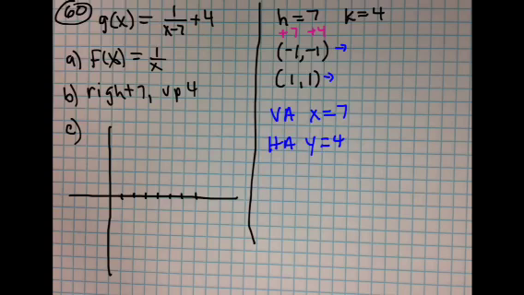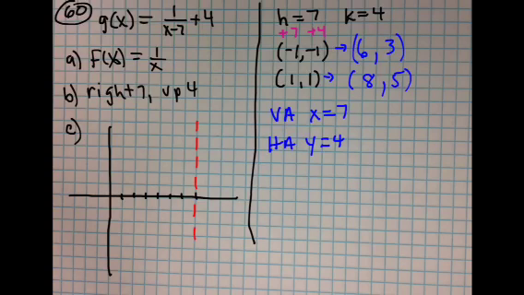So 7 minus 1 is 6. 4 minus 1 is 3. Then 7 plus 1 is 8, and 4 plus 1 is 5. So over here on the graph, let's change the color. I'm going to draw the vertical asymptote at x equals 7. So 1, 2, 3, 4, 5, 6, 7 right here.